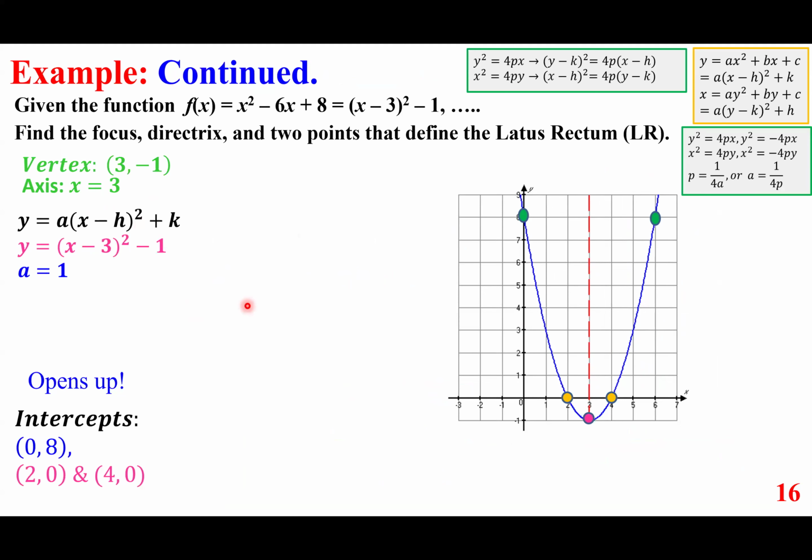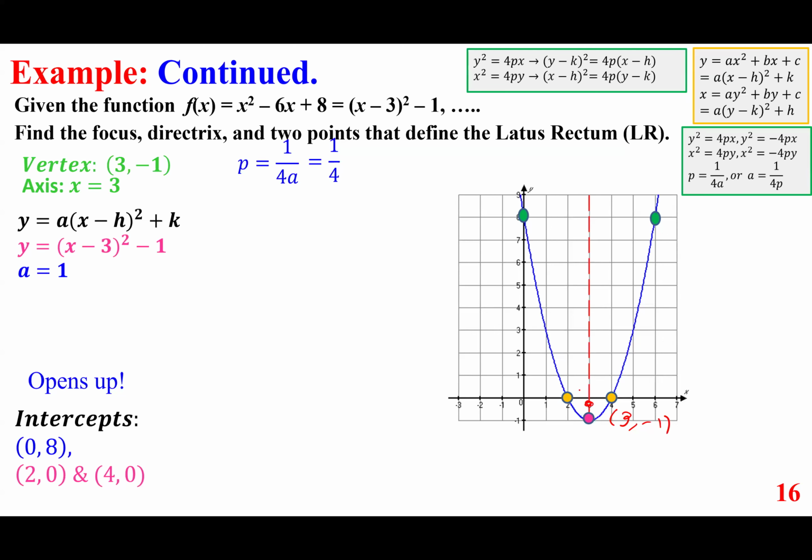Okay. So p equals 1 over 4a. And again, a is 1, so that's equal to 1 over 4. As I mentioned, the focus is somewhere here. We know the vertex is located at (3, -1).